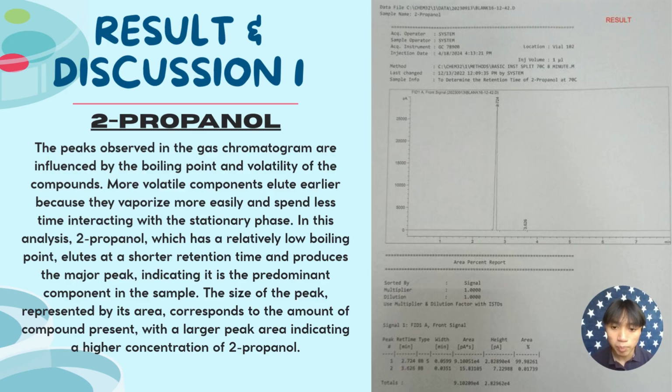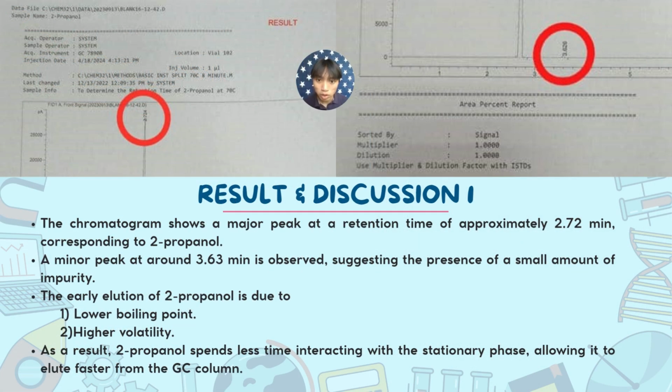The size of the peak, represented by its area, corresponds to the amount of component present, with a larger peak area indicating a higher concentration of 2-propanol. The chromatogram shows a major peak at a retention time of approximately 2.72 minutes, corresponding to 2-propanol.